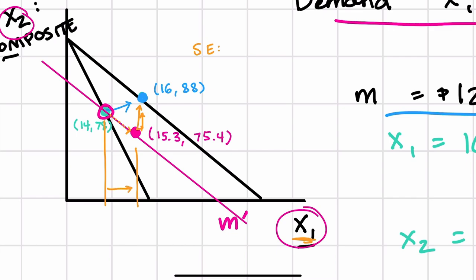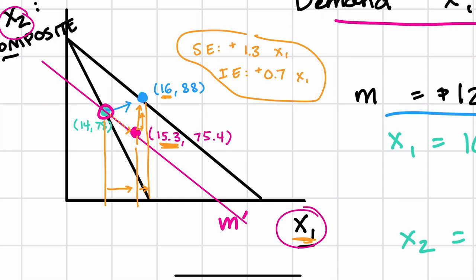So our substitution effect is we bought 1.3 more units of X1. And our income effect is that we bought even more X1. We went from the pink dot to the blue dot. We went from getting 15.3 units of X1 to 16 units of X1. So we got another 0.7 units of X1 just because we felt richer. So that's the final answer there.